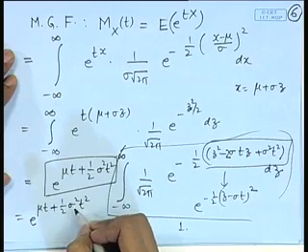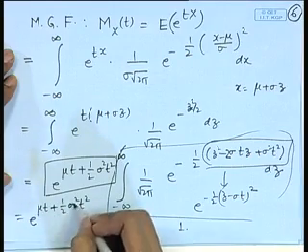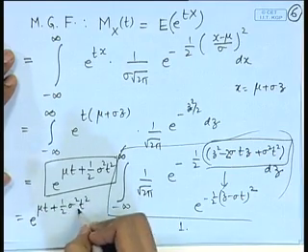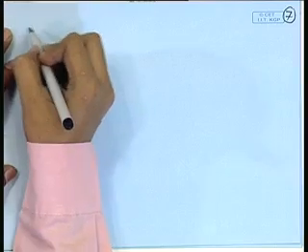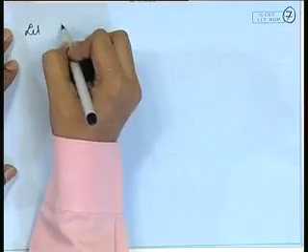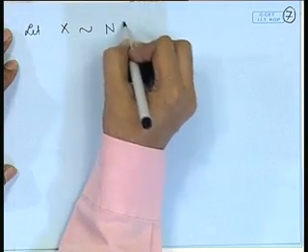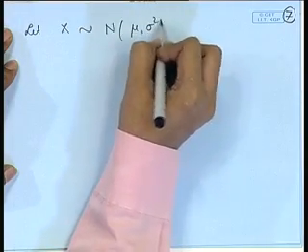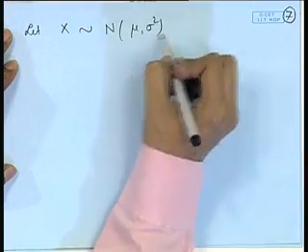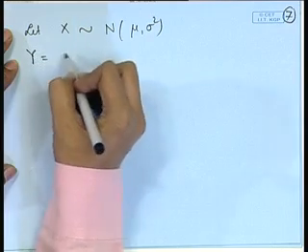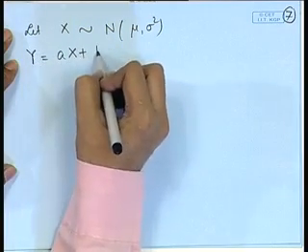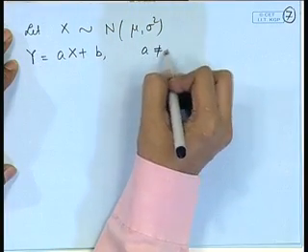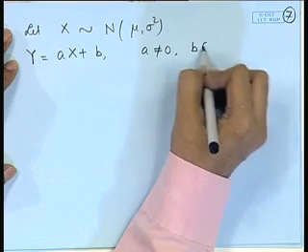Using the moment generating function of a normal distribution, we can prove an interesting feature. Let X follow normal(mu, sigma square). Let us consider Y equal to aX plus b, where a is any non-zero real and b is any real.